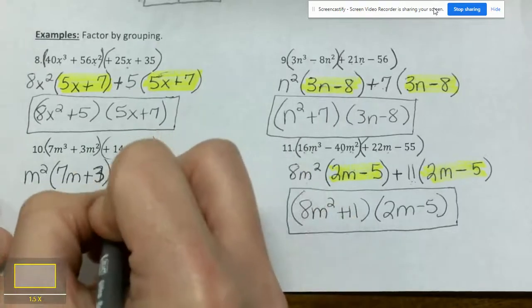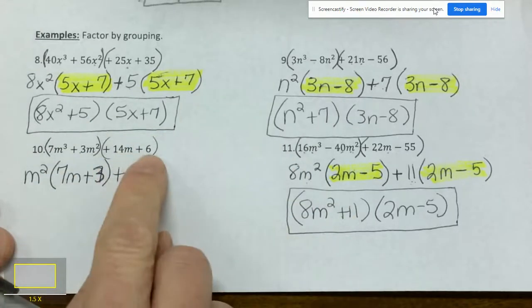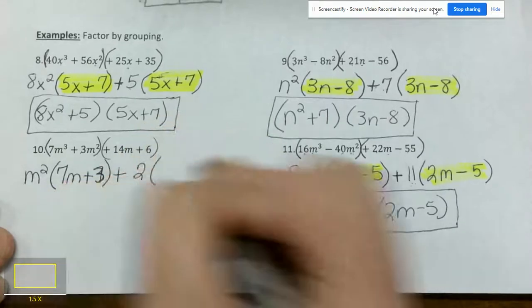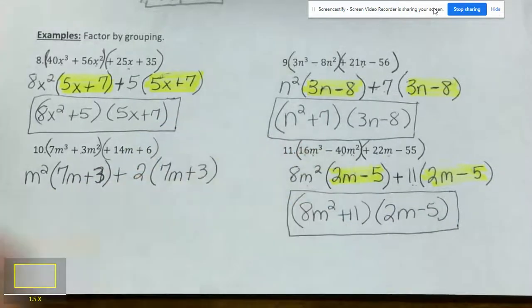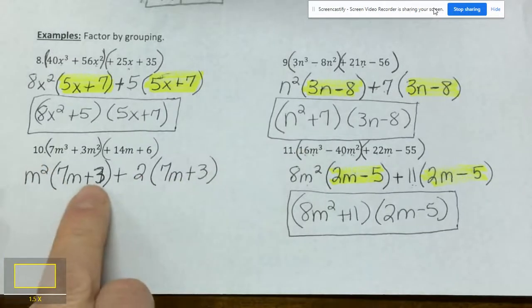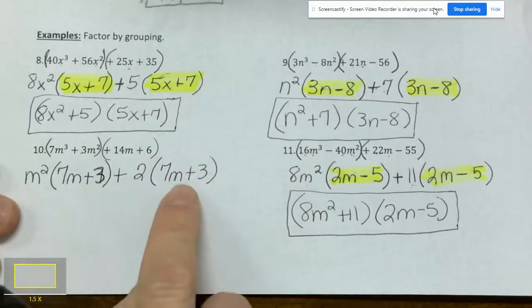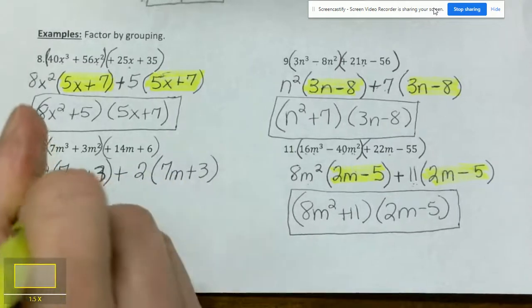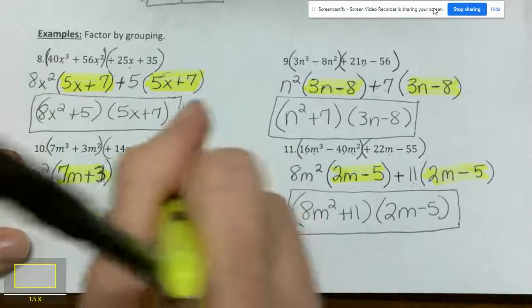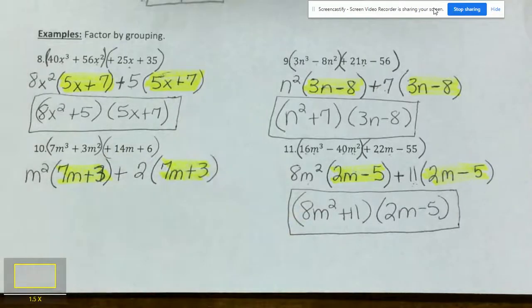All right, plus 14 and 6 have a 2 in common, and that will also leave me with 7m plus 3. Now, if I had put 1 there, like I messed up, I would have realized it when I got here, and I would have found my mistake, because you remember you want these two to be the same. Okay, that's what we want.